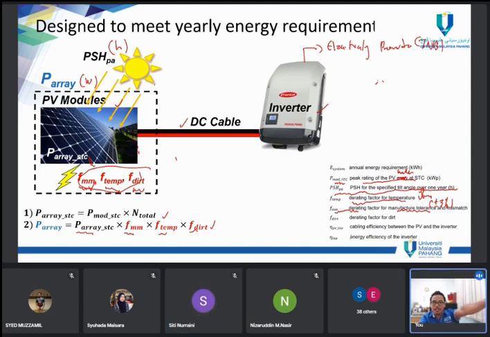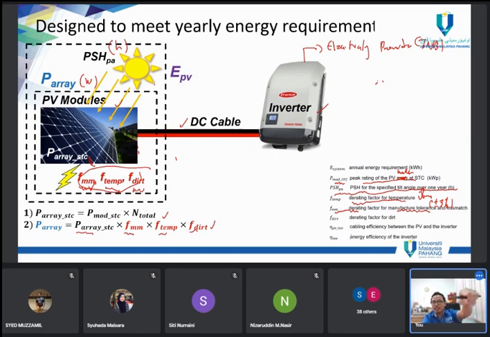Alright. So from the PSH hours and the P array watts, we can see the combination of watt-hours there. So what is that actually? It is the EPV. What is the EPV? It is the generated energy through the PV module side. The expected generated energy is defined as EPV, where EPV is equal to the P array multiplied with PSHPA.